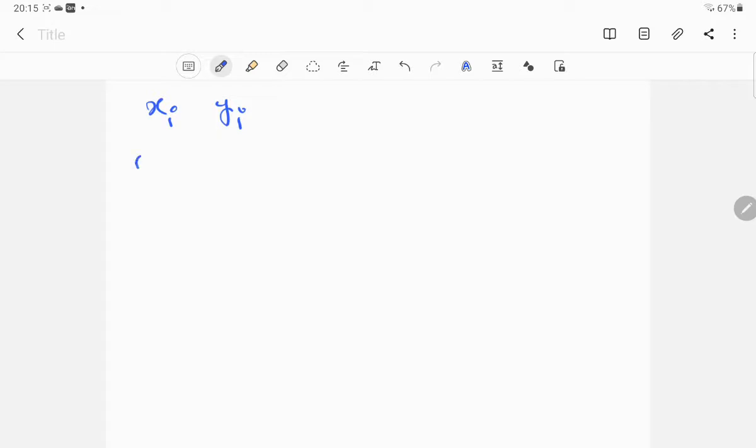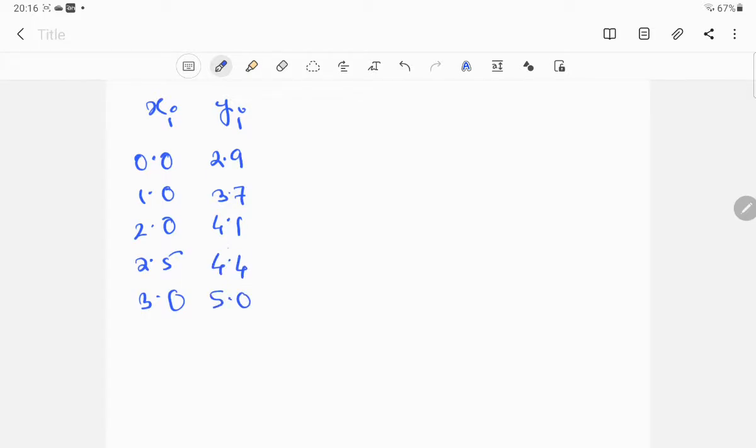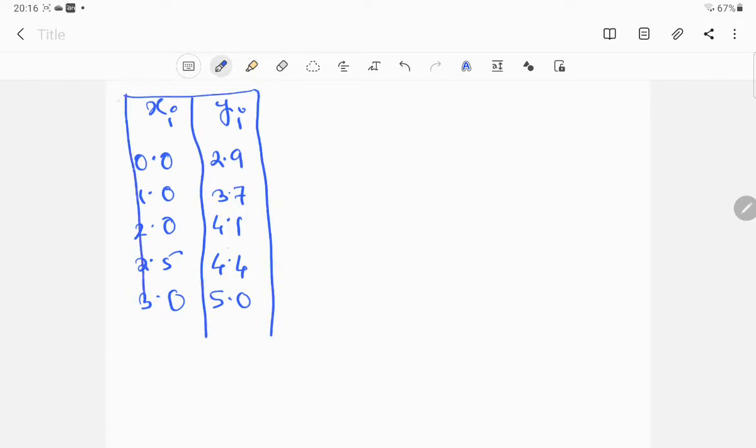The x values are 0.0, 1.0, 2.0, 2.5, and 3.0. The y values are 2.9, 3.7, 4.1, 4.4, and 5.0. So be careful while drawing the data table.